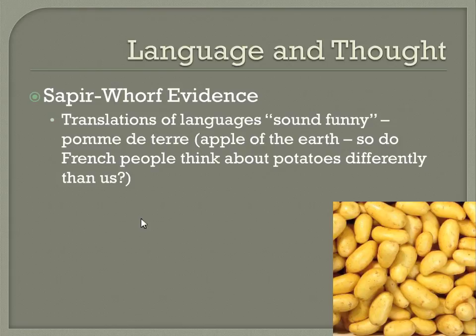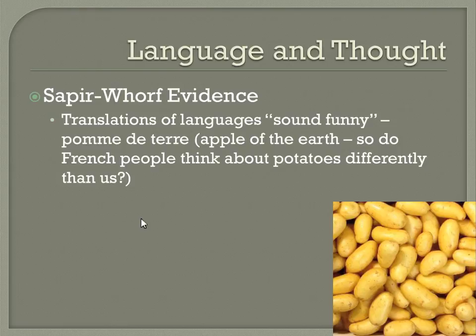Okay. So some evidence for language determines thought is these different translations of language that sound funny. So the French word for potato is pomme de terre, which is apple of the earth. So do French people think about potatoes differently than we do because they actually are calling them apples? And I'd say probably not.